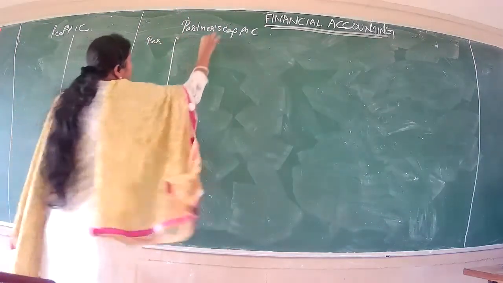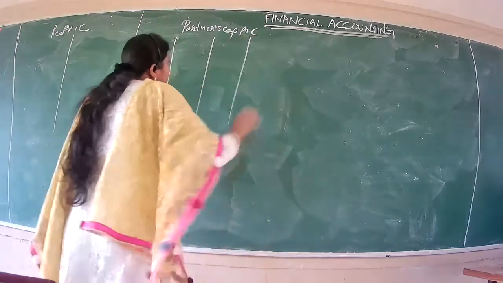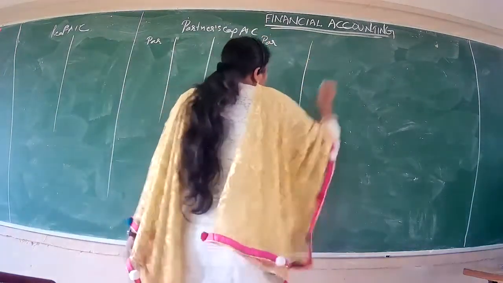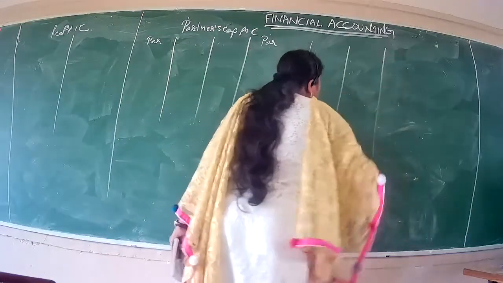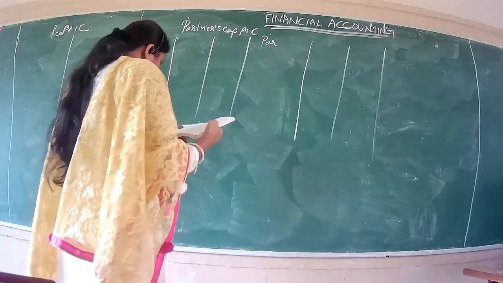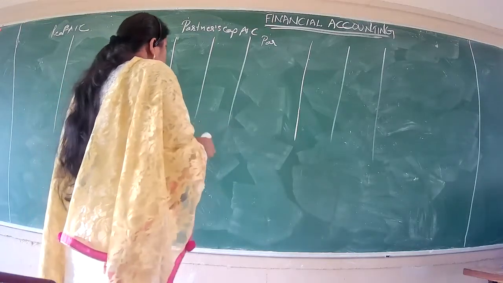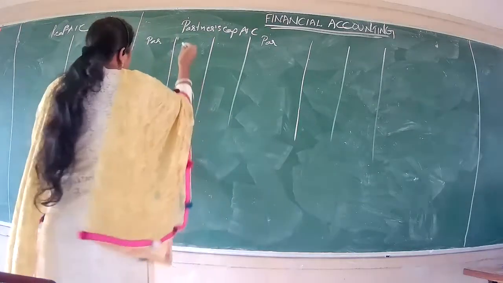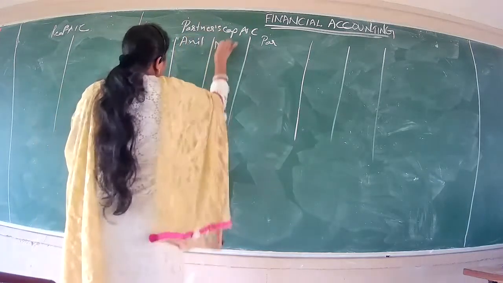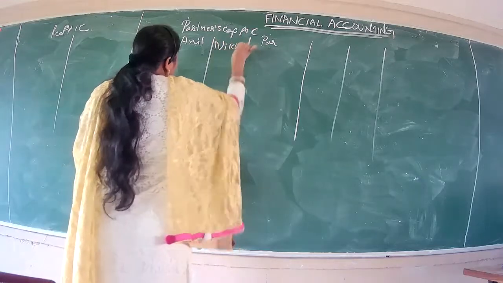Particulars, and if you are able to see very clearly in the question, they have given the name of the partner who is becoming insolvent. So if he is becoming insolvent, that means the remaining two are the solvent partners, and those two are your Anil and Nikhil.